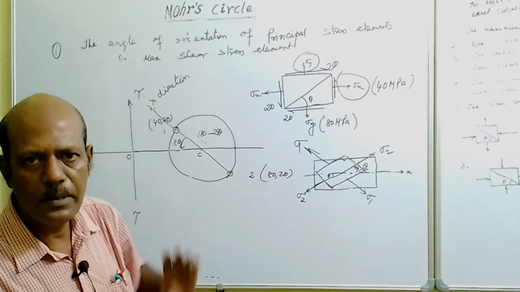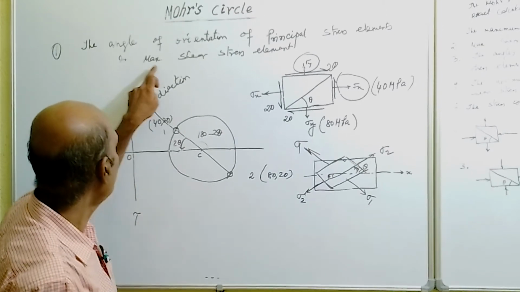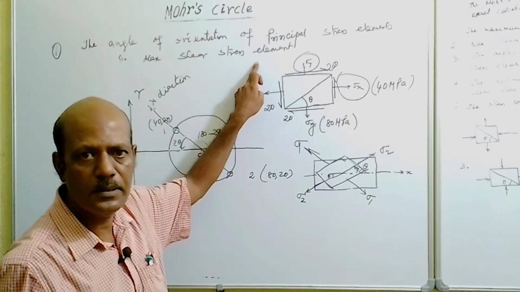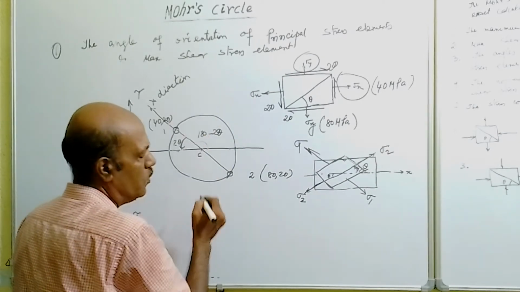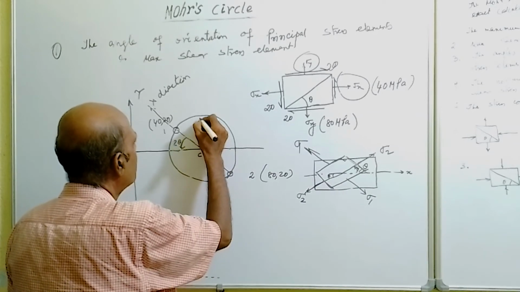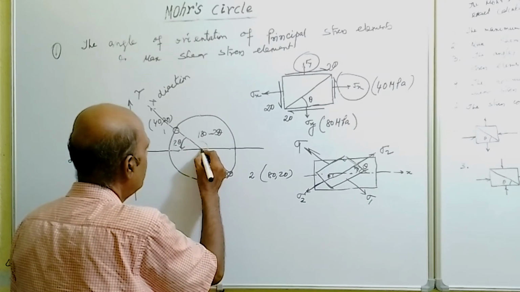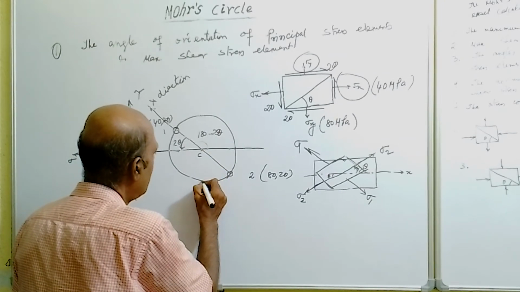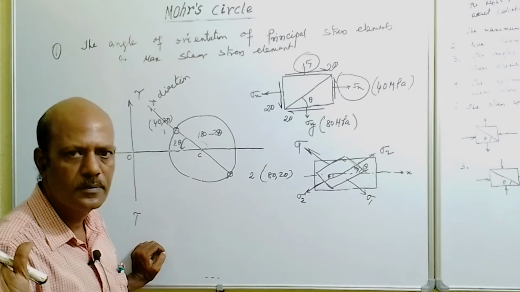So in this way we can find the major and minor principal stress elements. Now we want to find the maximum shear stress element. How to find it? We know the maximum shear stress will occur at the point just above or below the center of the Mohr circle.